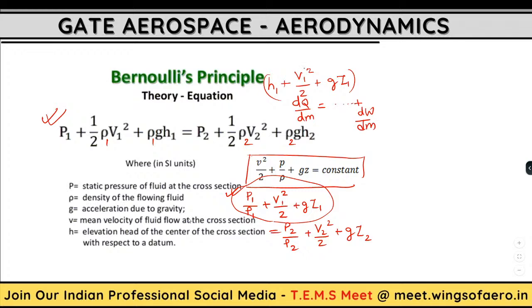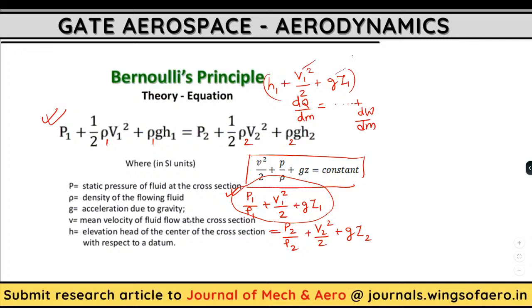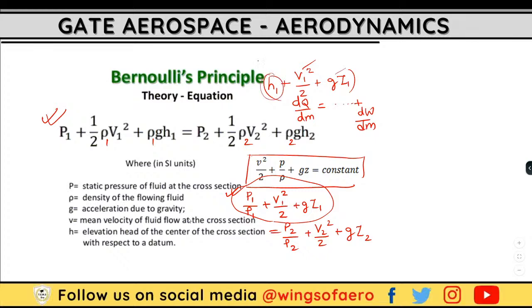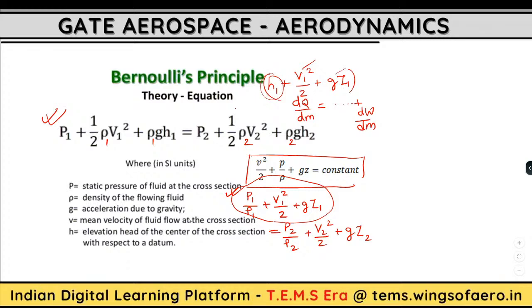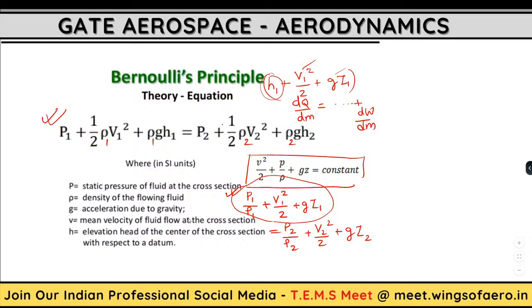Here also you have the velocity, here also you have the potential, and each one can also be written in terms of pressure and internal energy. How do you differentiate this Bernoulli's principle from the steady state energy equation?